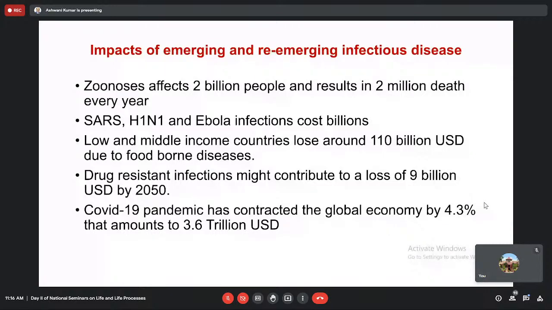Drug-resistant infections might contribute to a loss of $9 billion by the year 2050. And the COVID-19 pandemic has already contracted, as we know, the global economy by about 4%, which means close to $4 trillion in losses have already taken place.